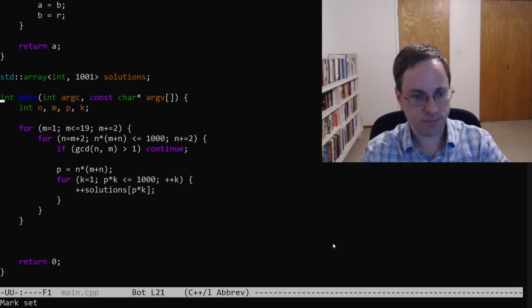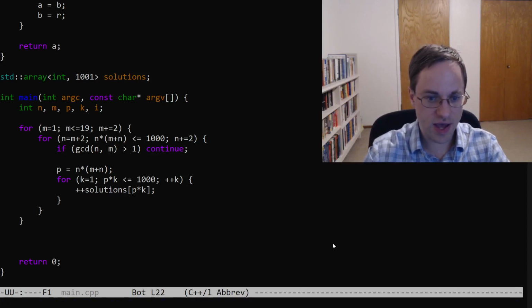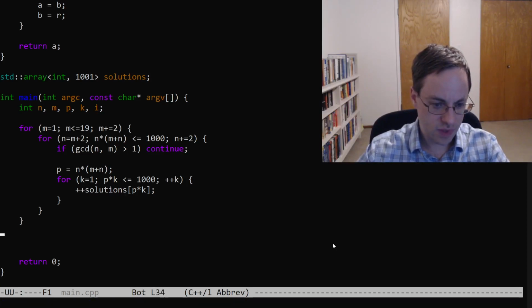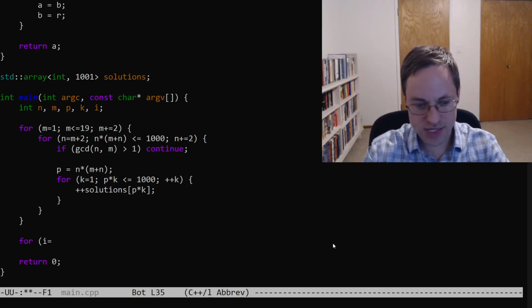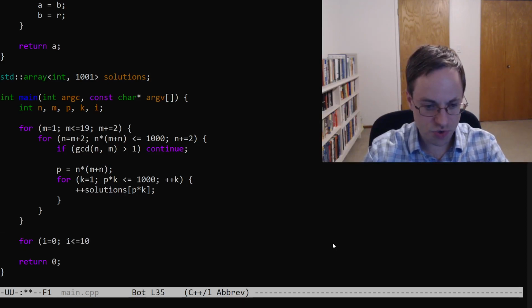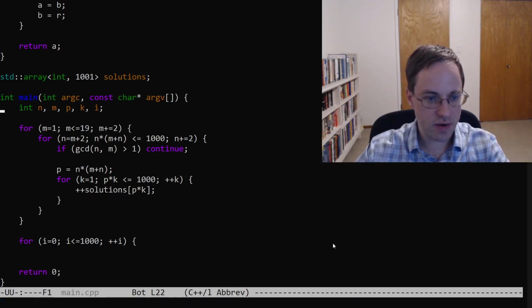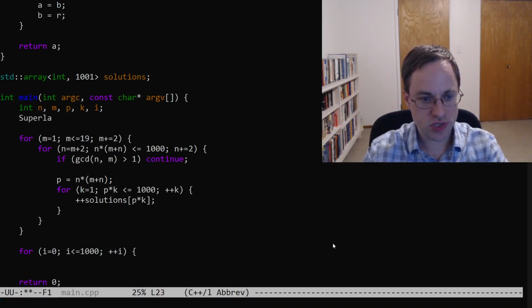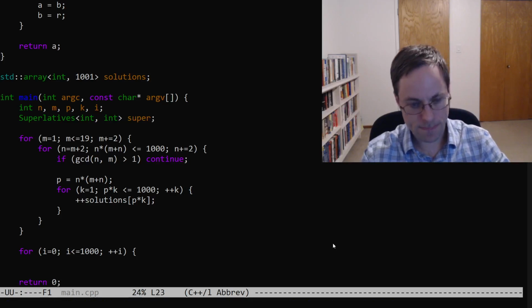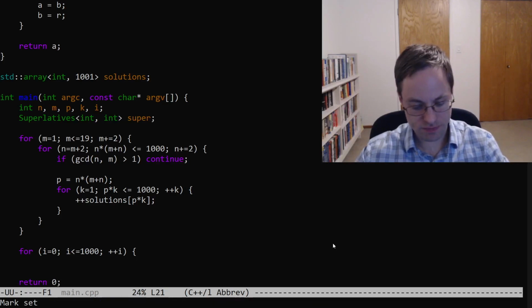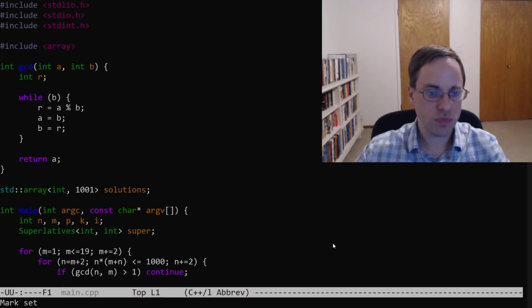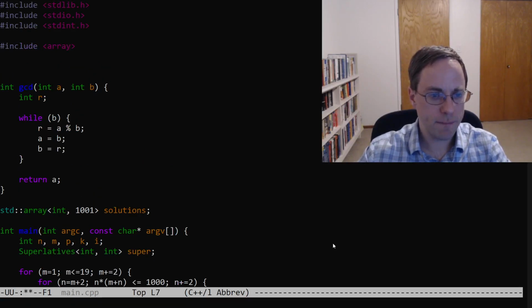Let's give ourselves also i, and we'll say for i is equal to 0, i is less than or equal to 1,000, plus plus i. And we'll need to declare superlatives, and both the state and value are integers. Probably should also actually include that file.